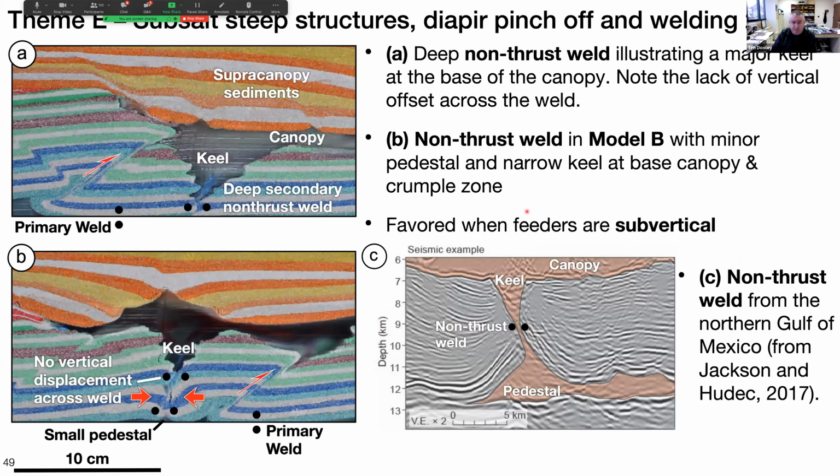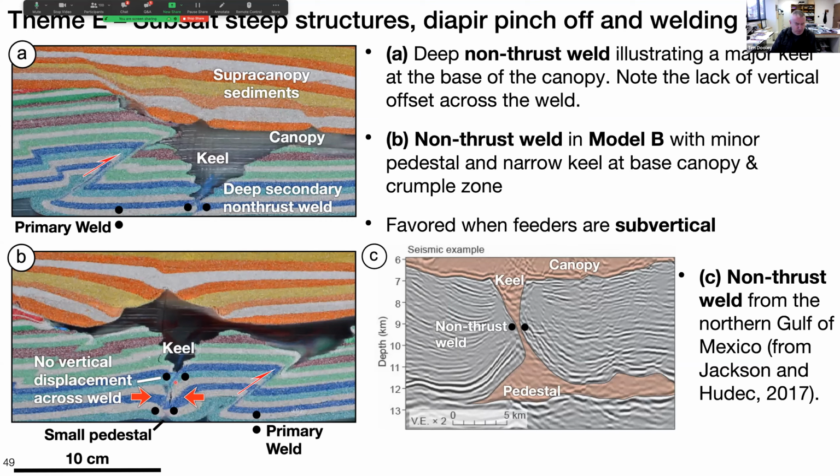inclined. The second one we're going to have a look at are what I call here non-thrust welds. So these do have an obvious keel at base canopy level, small pedestal.